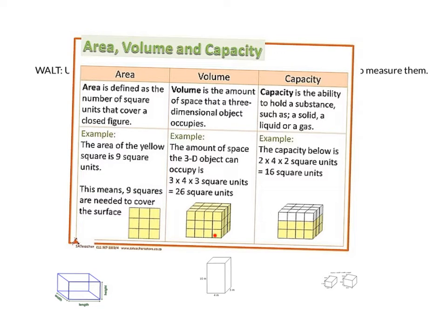So a volume will include all of those layers, all of those dimensions. But the capacity is the ability of an object to hold something. So the ability of an object to hold a liquid or a gas. Again, with regard to capacity, we'll do a little bit more in the week. But today I just wanted to focus on volume and show you where we're at.